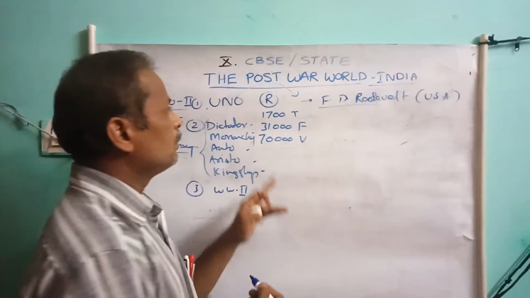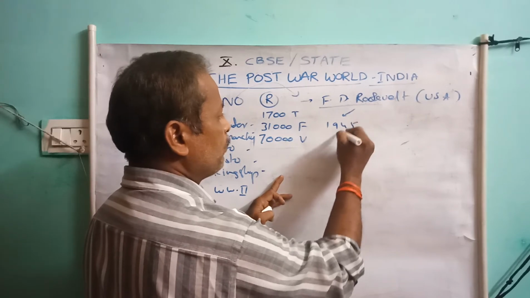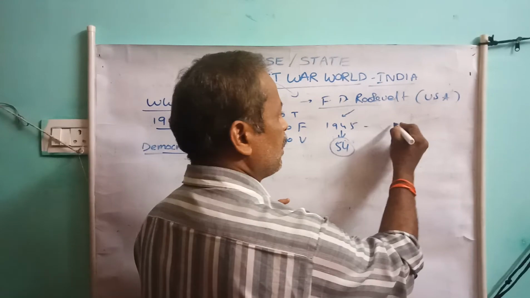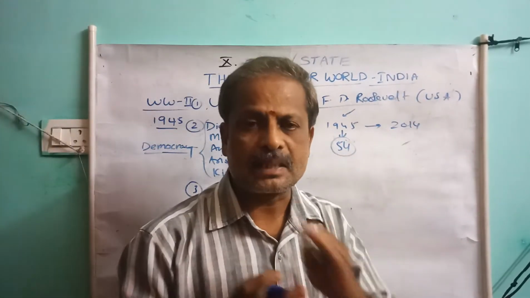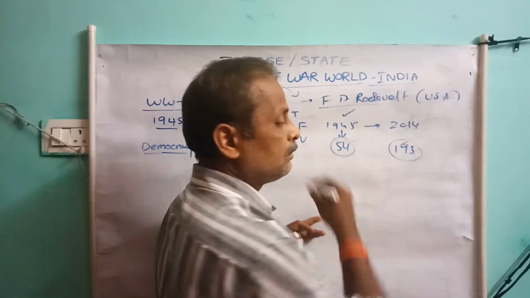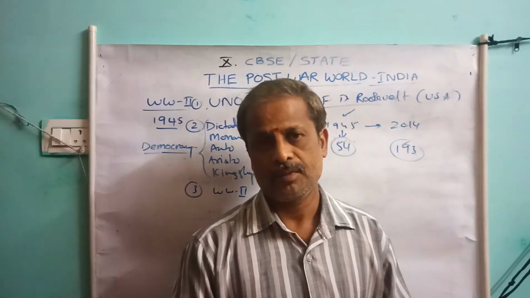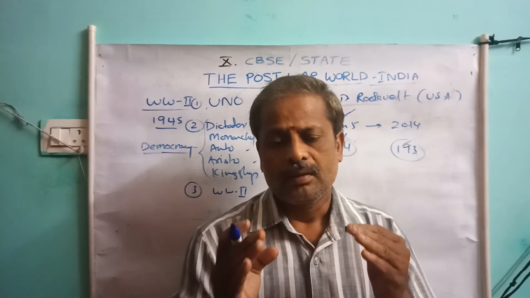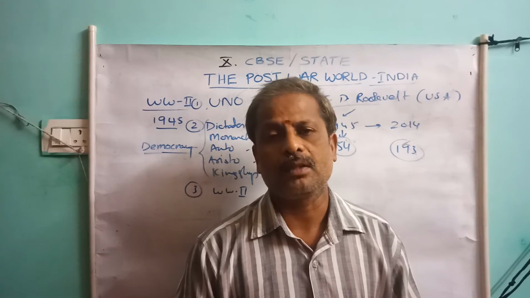In the beginning, in 1945, when it was proposed, it had 54 member countries, and in the year 2014, the number of member countries increased to 193. The 193rd country is South Sudan, and approximately 200 countries have taken membership in UNO.